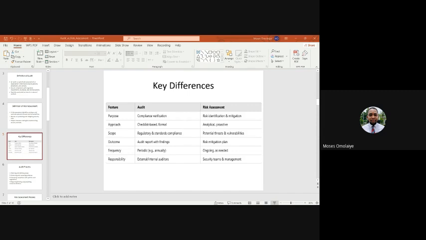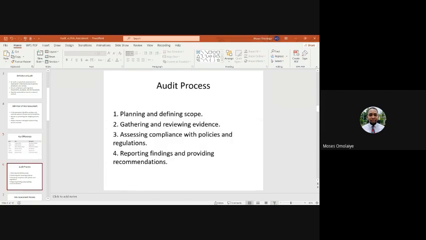Does it fall in line with it? It's not good enough to say we have a control or we have things in place. The question is, is it within the scope of what you're trying to comply with, the policies and the regulations that you are trying to speak to? And then you report the findings and you provide recommendations. So after you do all of this, you report your findings and then you put recommendations.